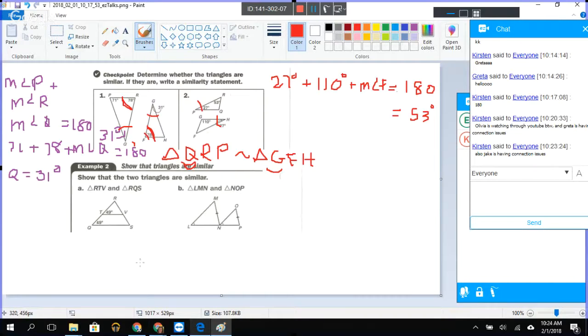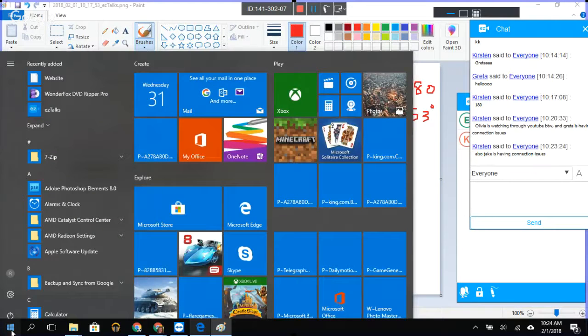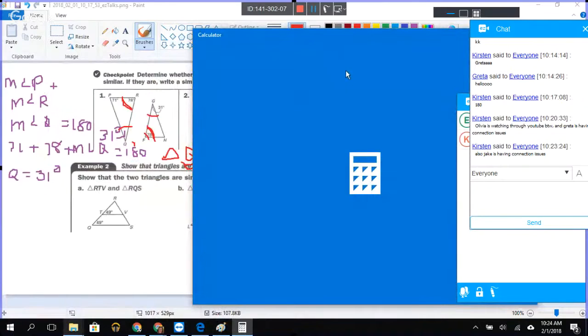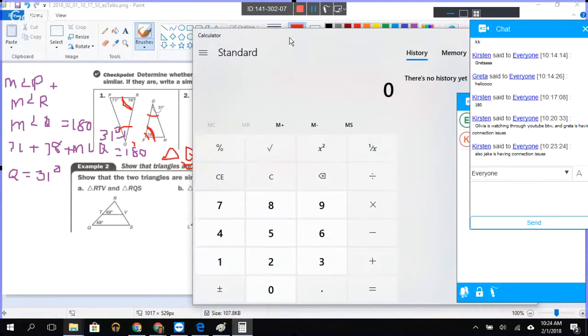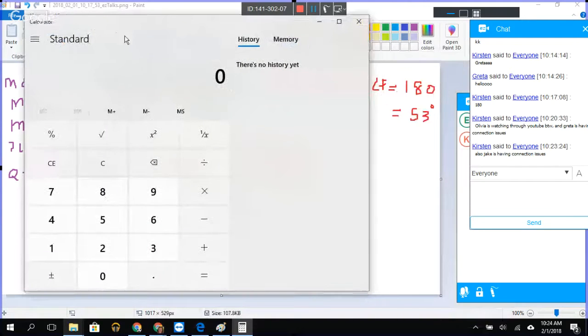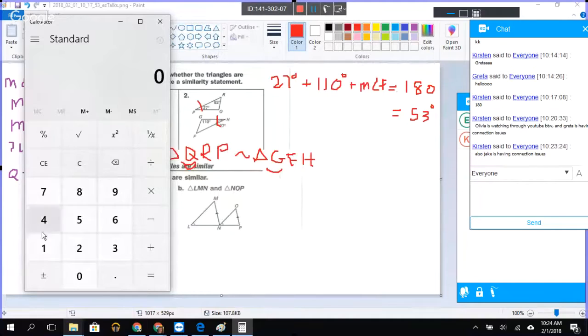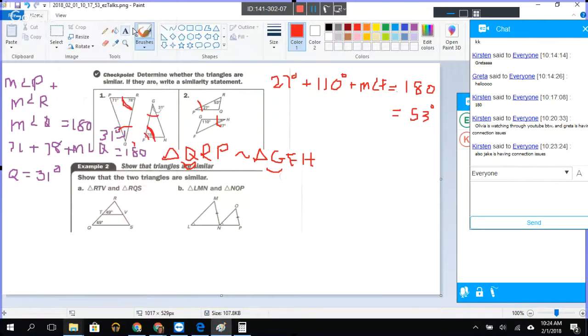All right, I'm busting out the calculator today. I feel like I'm doing something slightly wrong here. Okay, 180 degrees minus 110 degrees minus 27 degrees is 43. That's what I was thinking. I'm like, what? I can't be right.